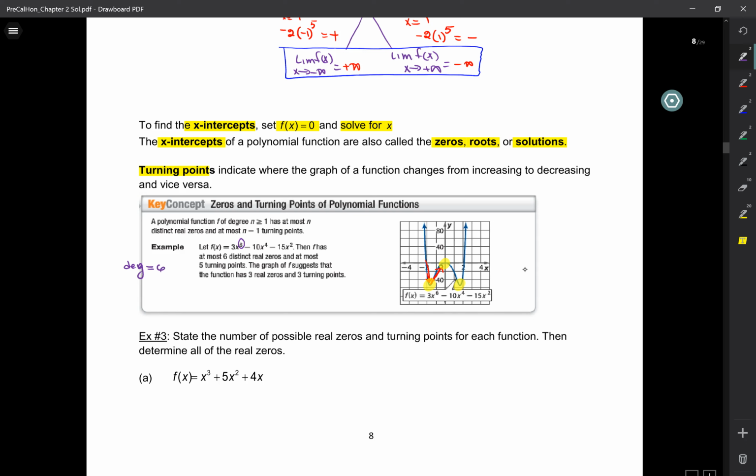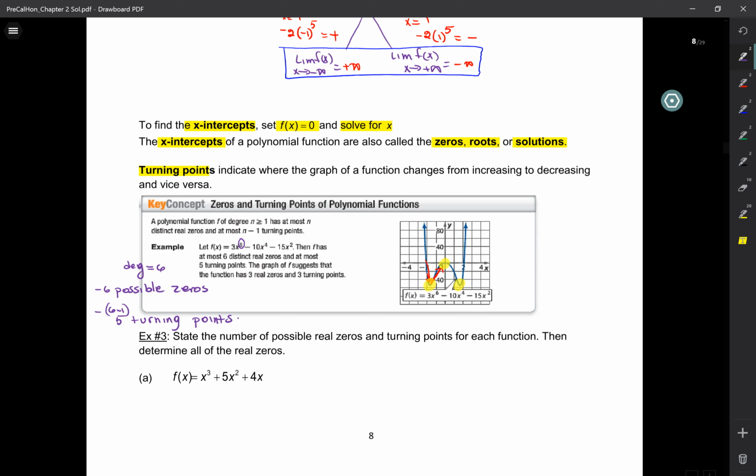That means this can have at most 6 possible zeros, and I take that number 6, subtract 1, so 5 turning points. So these are the maximum possible numbers.